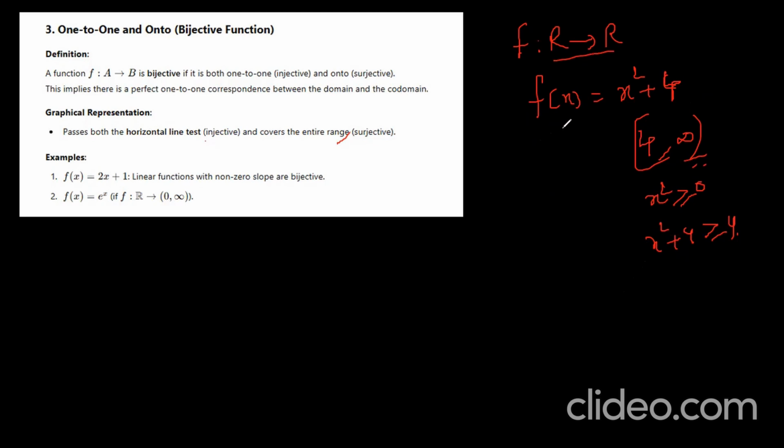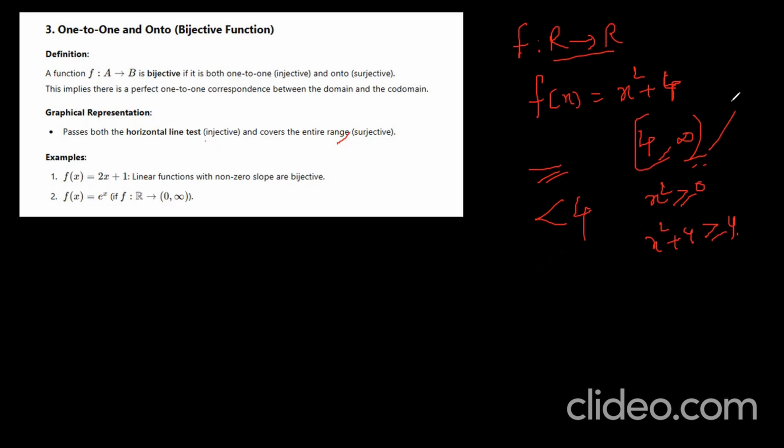That means, if you take any particular case, there are no pre-images for all real numbers less than 4 in its codomain R. Also note that this is not an injection. Got it? X square plus 4 and the range is going to be 4 comma infinity.